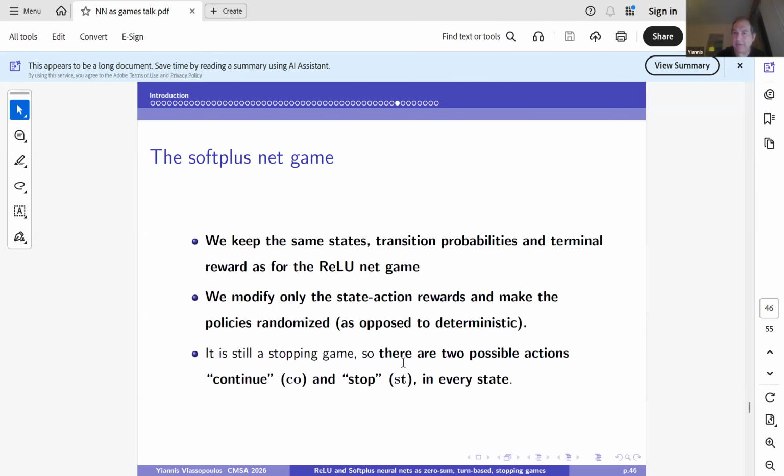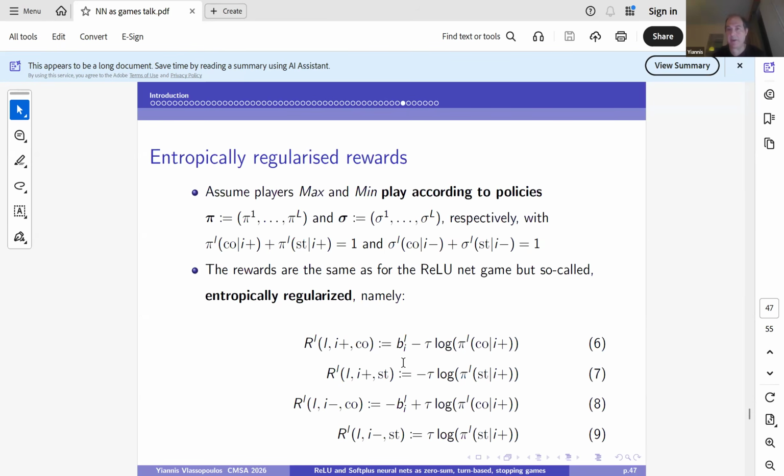So we keep all the same states, the initial probabilities, the terminal reward, and we modify only the state-action rewards. How? Exactly this way. Before, little r was the reward at state l_i plus the bias. Here we're adding minus log probability of the policy.